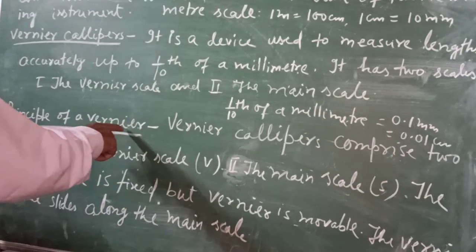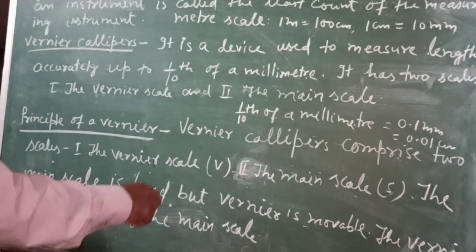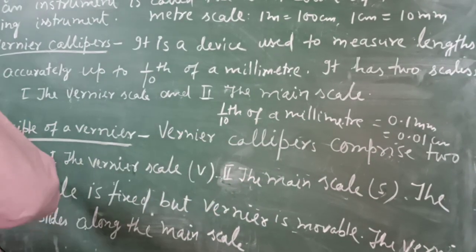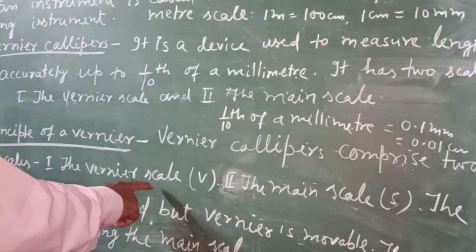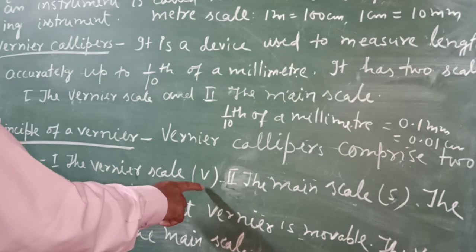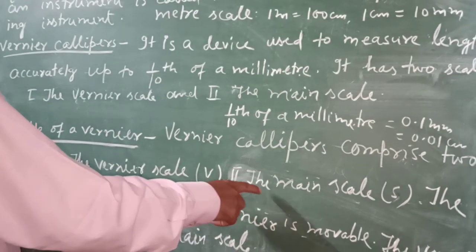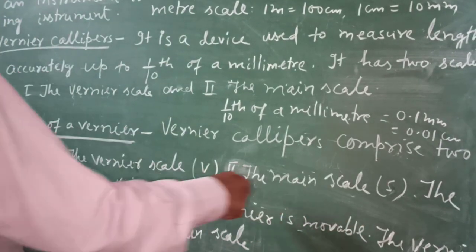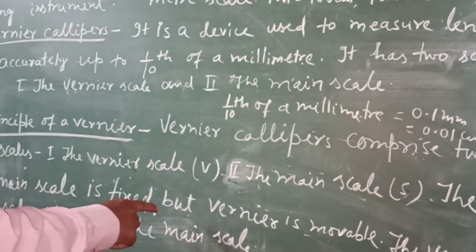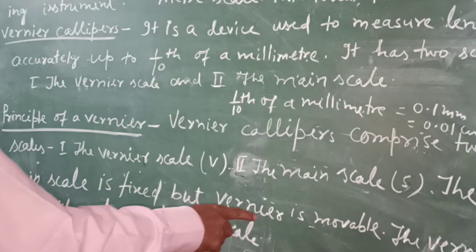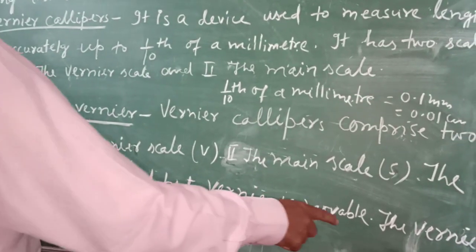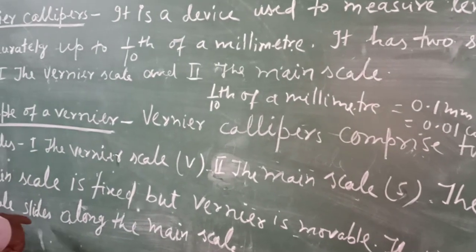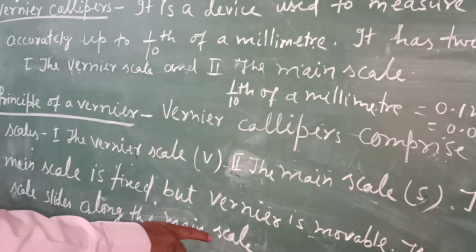Principle of a vernier. Vernier calipers comprise two scales. The vernier scale denoted by V and the main scale denoted by S. The main scale is fixed but the vernier is movable. The vernier scale slides along the main scale.